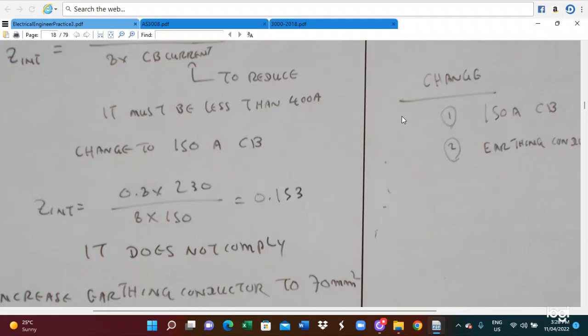Whether your earth leakage circuit breaker will work or not, those things I explained to you in this lecture.